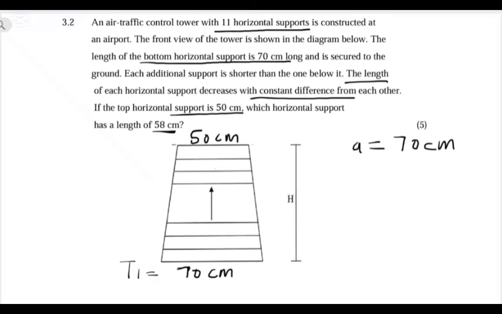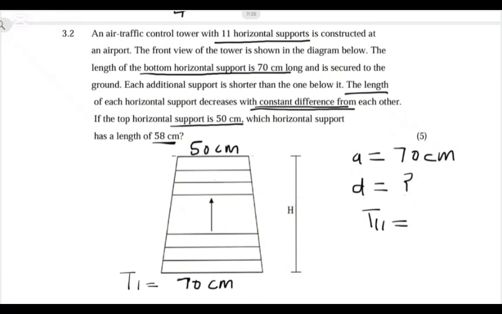Another question to ask yourself with this type of question is which pattern this is: if it's arithmetic, what is the difference; if it's geometric, what is the ratio? Here they've given us a constant difference, so the difference is what we are going to look for. Then what will be our last term? They've also given us term number 11. Why is this term number 11?